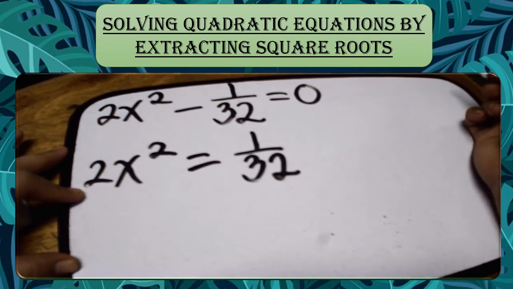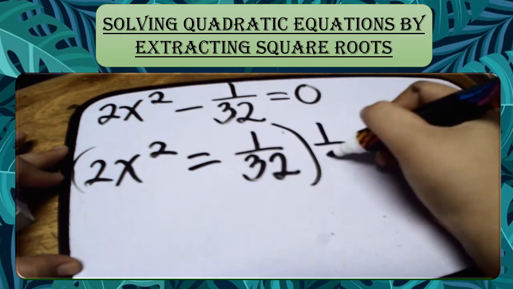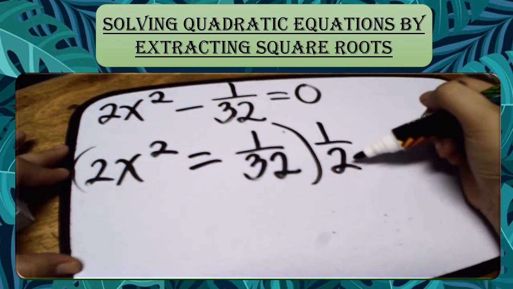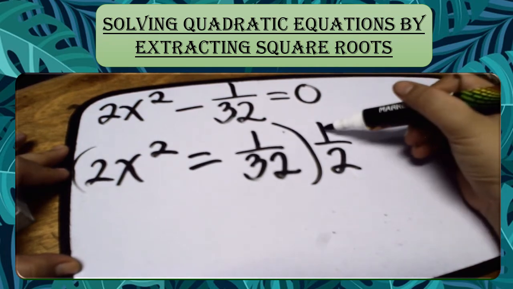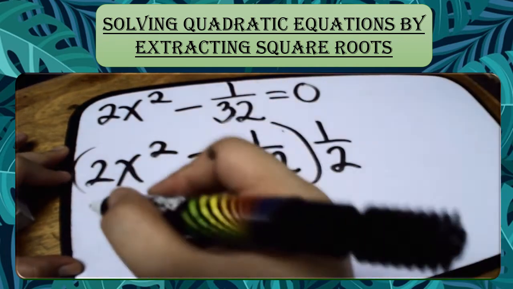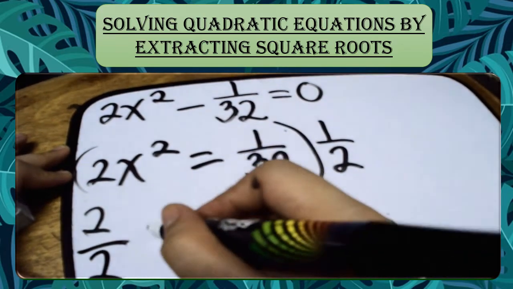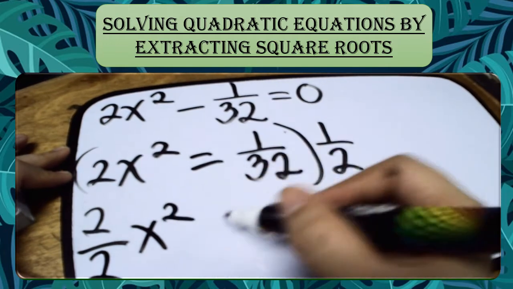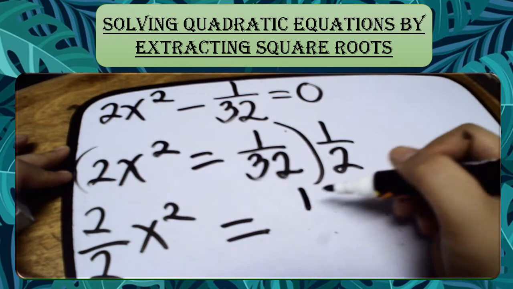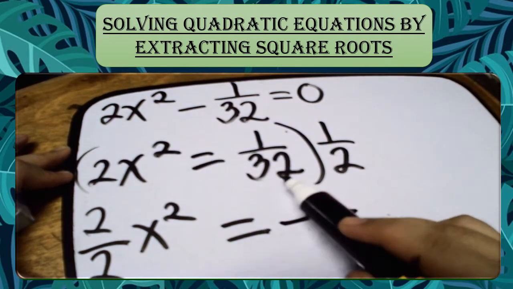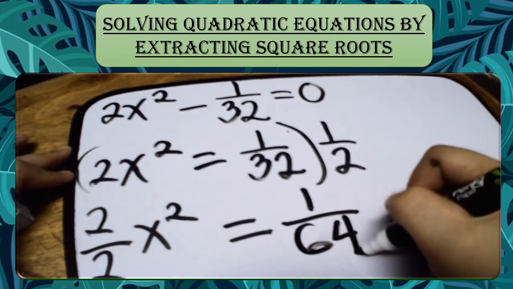To cancel 2, multiply both sides by 1 half, since 1 half is the inverse of positive 2. So 2 over 2 times x squared is equal to 1 times 1 is 1 over 32 times 2 is 64.